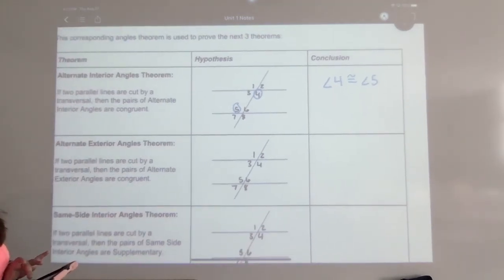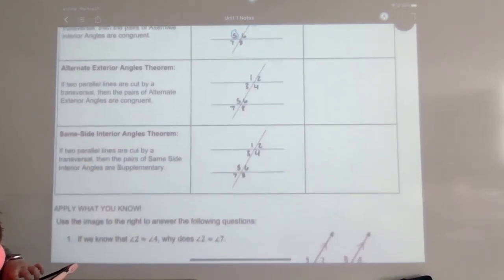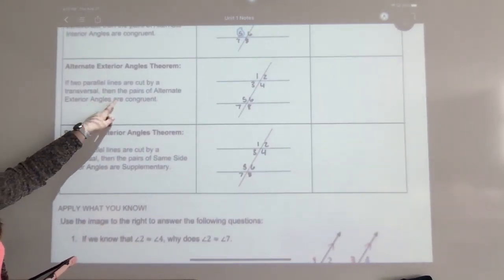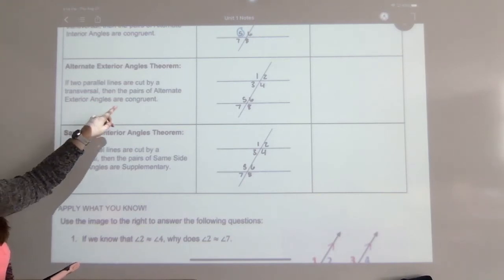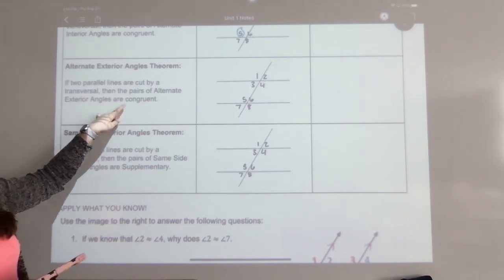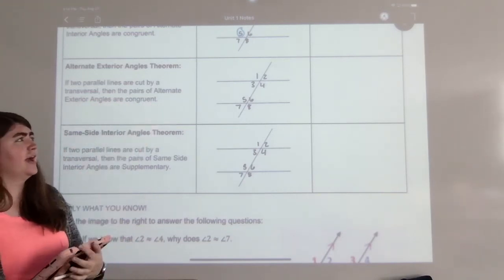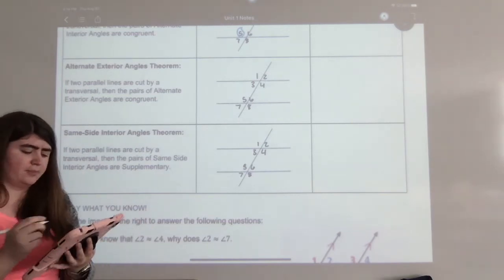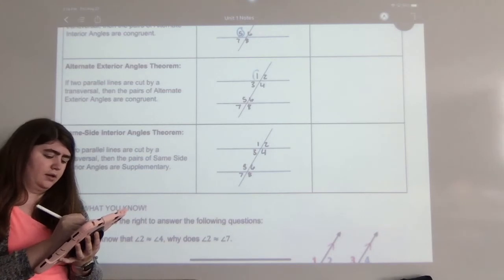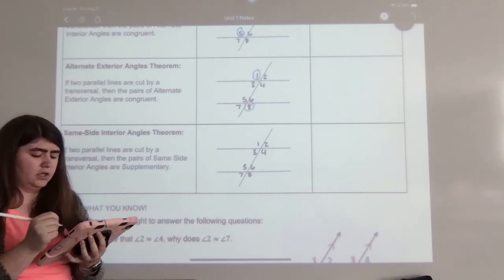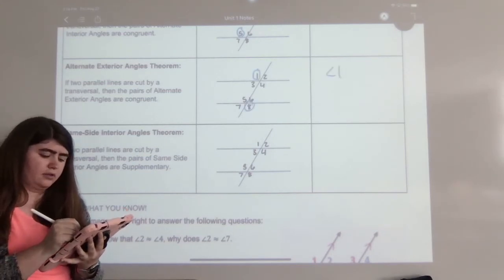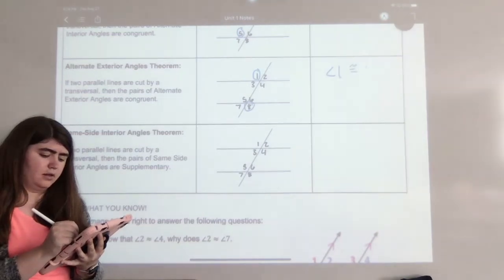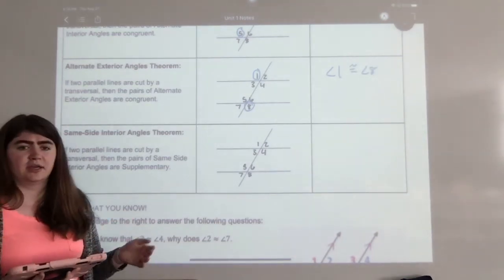Next we have the alternate exterior angles theorem, which says if two parallel lines are cut by a transversal, then the pairs of alternate exterior angles are congruent. So if I have these two parallel lines cut by a transversal, then I know, for example, let's pick 1 and 8. Angle 1 is congruent to angle 8 because they are alternate exterior angles.